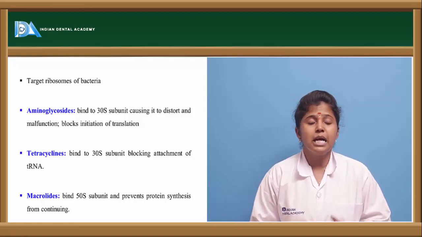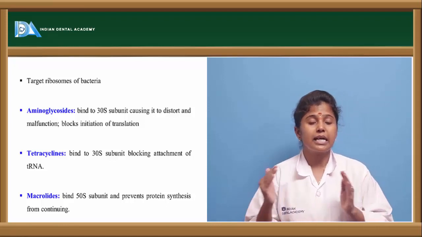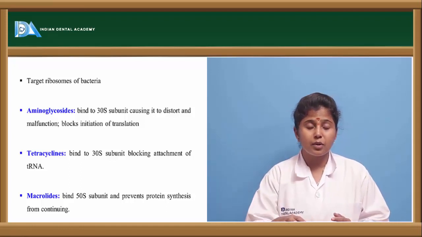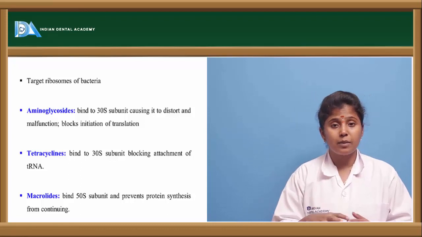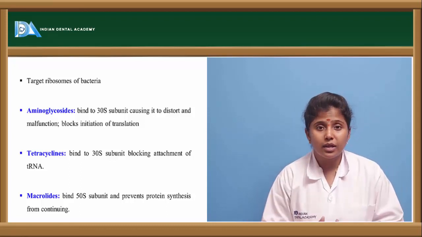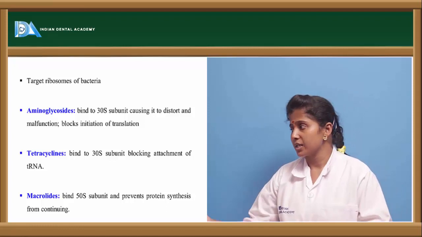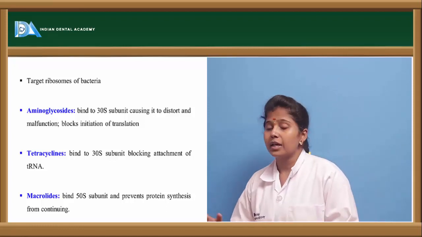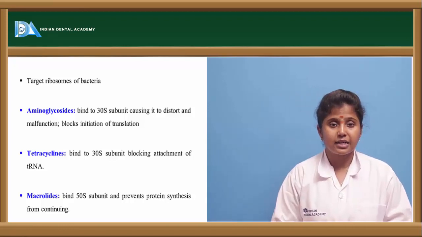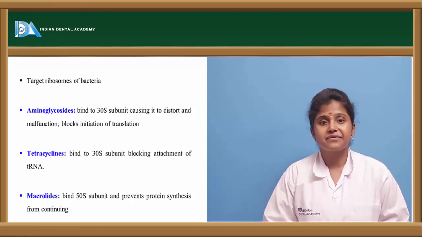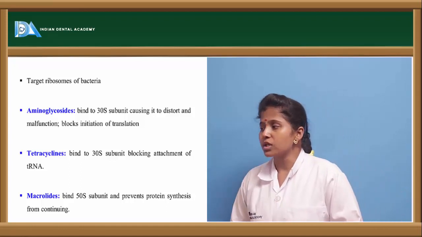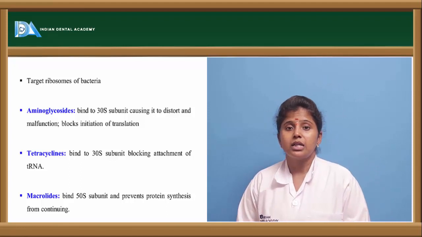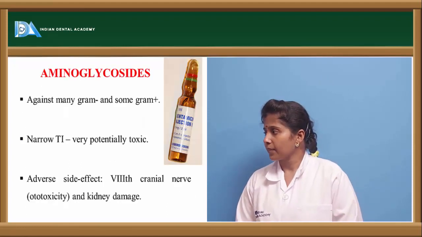So aminoglycosides bind to the 30S subunit of ribosomes, and thereby don't allow the ribosomes to aid in protein synthesis. Tetracyclines also bind to the 30S subunit, and they even bind to tRNA, that is transfer RNA. And macrolides bind to the 50S subunit, and thereby prevent protein synthesis.